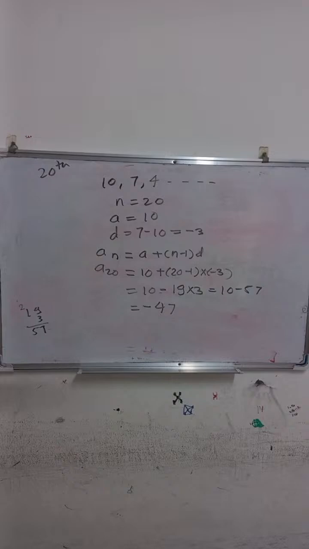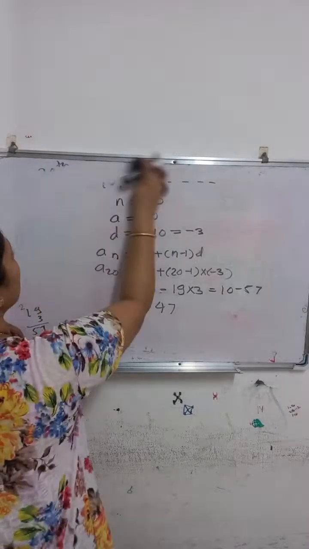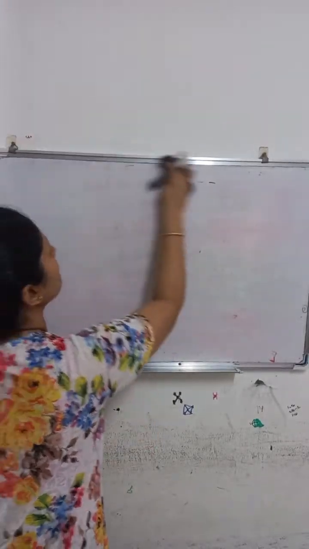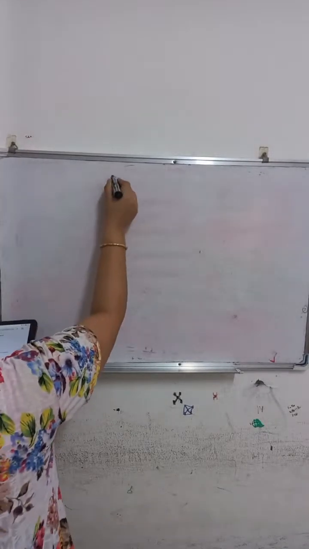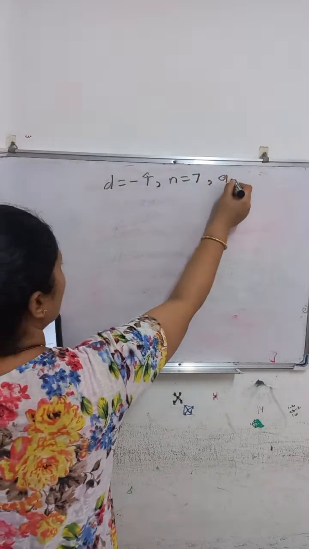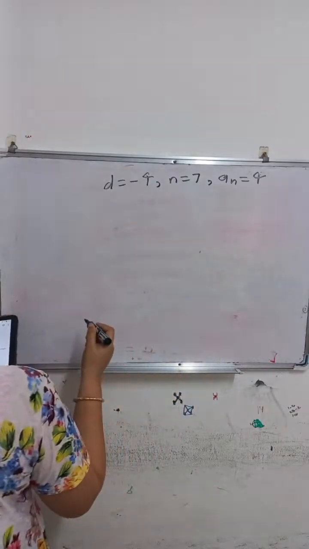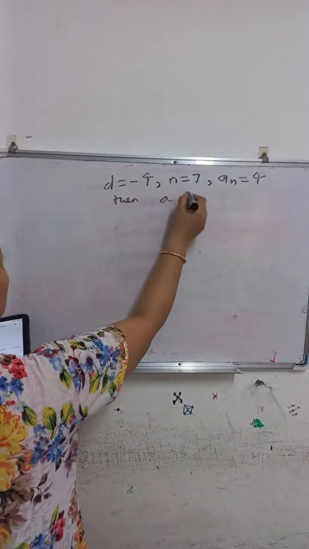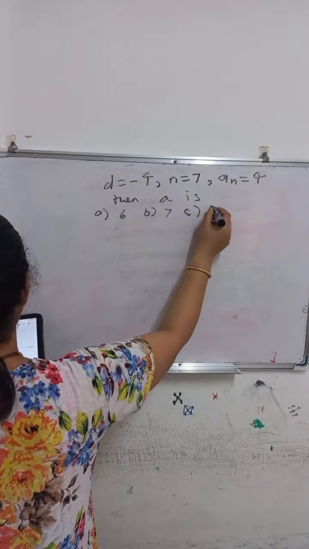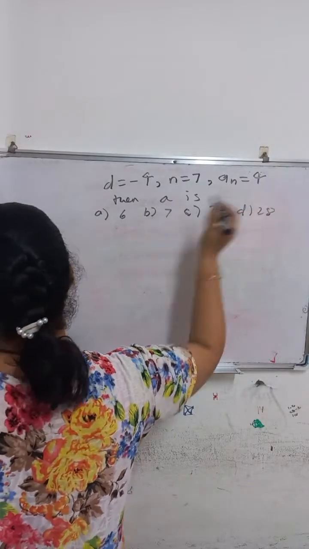So, next question: if an AP, D is equal to minus 4, n is equal to 7 and An is equal to 4, then A is, options are A 6, B 7, C 20 and D 28.